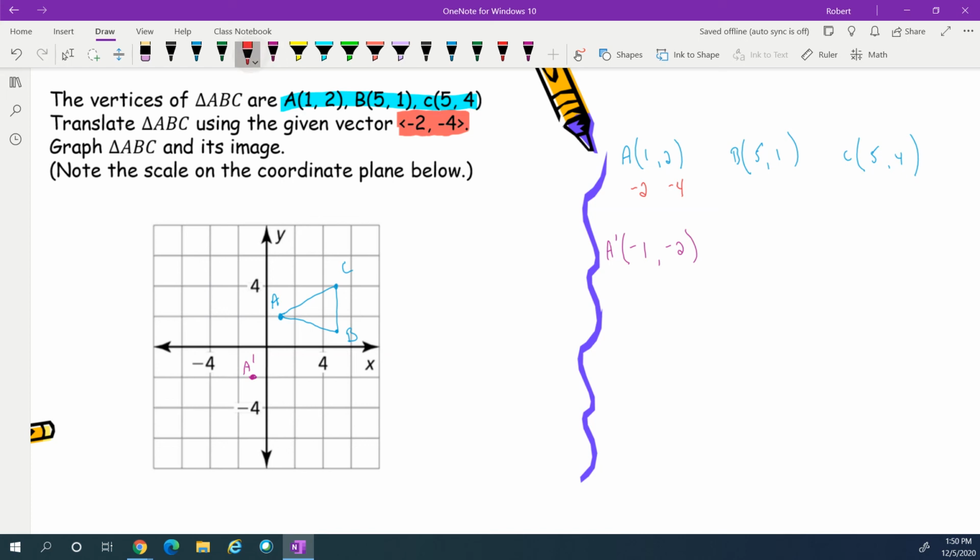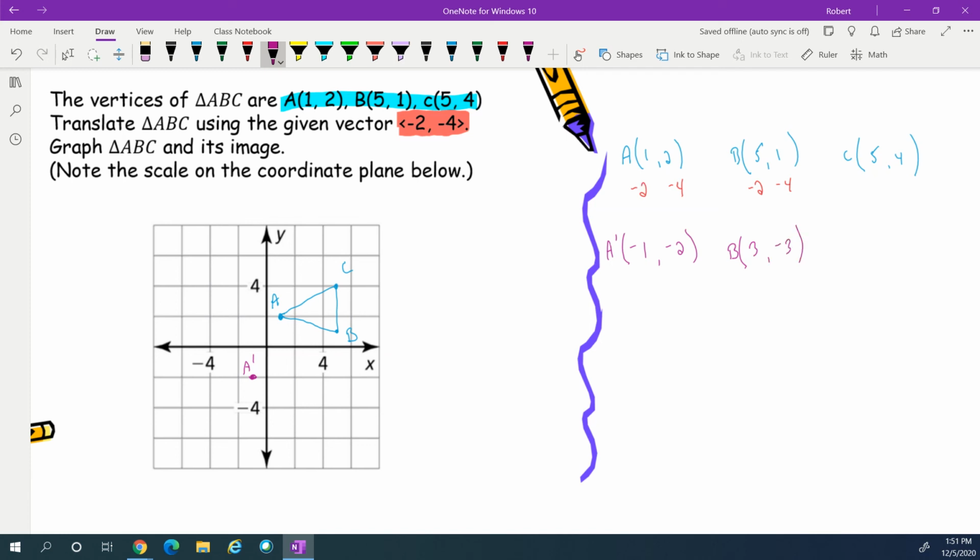And we're going to do the same thing for point B, following the same vector or the same rule. Subtract 2 from the x's, subtract 4 from the y's. That makes point B prime. 5 minus 2 is 3. 1 minus 4 is -3.